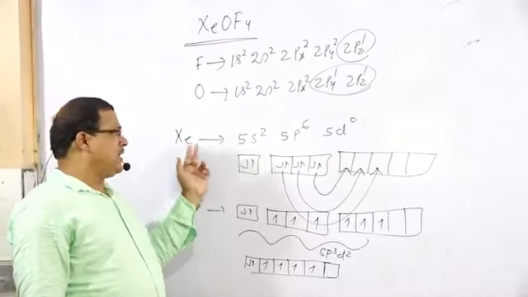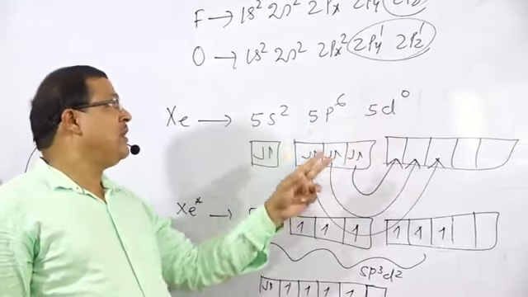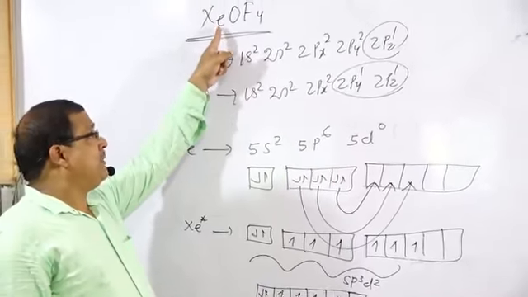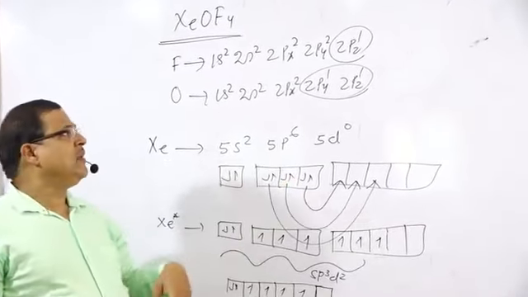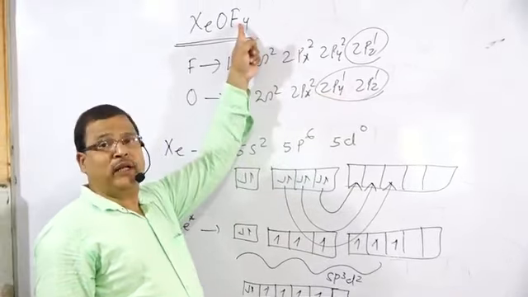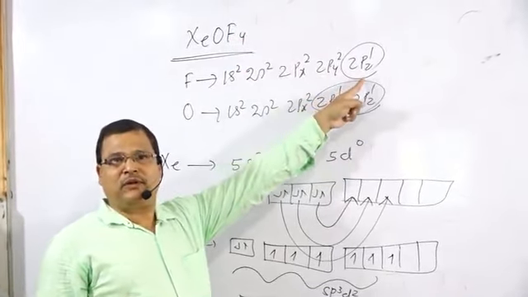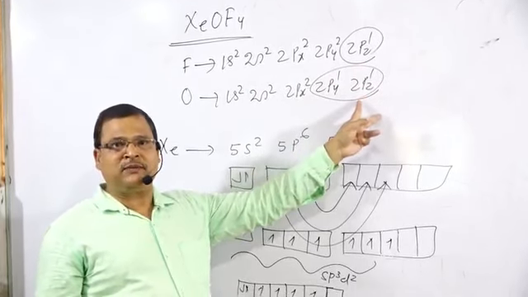In this case, xenon 5s2, 5p6, 5d0. So xenon atom must make the ability of 6 unpaired electrons. Why? Because oxygen atom has the ability to form 2 bonds and each fluorine atom has the ability to form 1 bond. 4 fluorine atoms, 4 bonds, 1 oxygen atom, 2 bonds. That is 6 bonds.